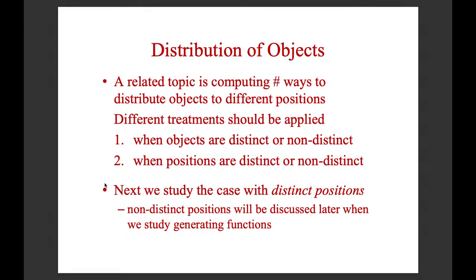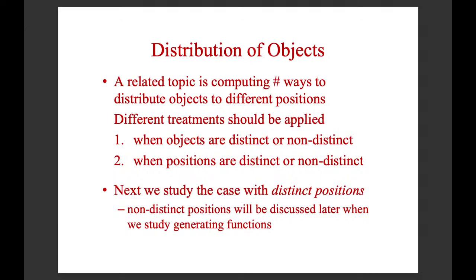There are at least 12 different interpretations of distributing objects into boxes, because the objects could be distinct or non-distinct, for instance distributing identical balls, or distributing distinct people around an area.